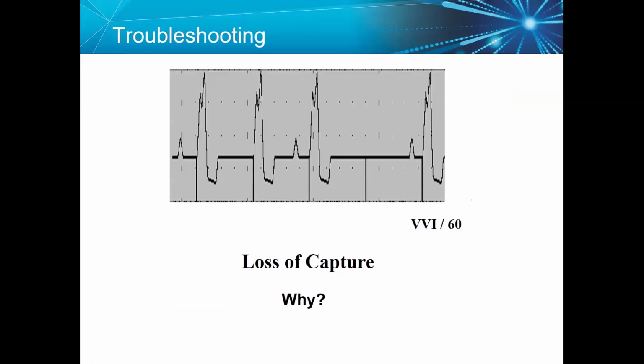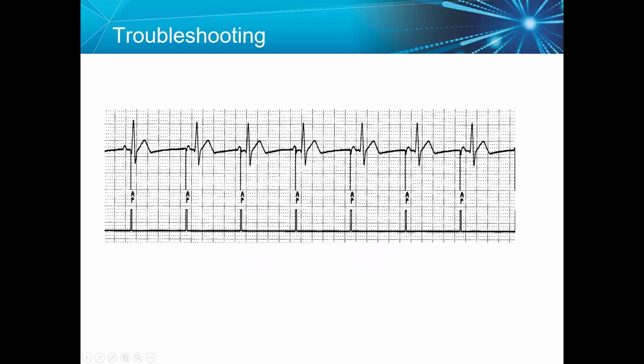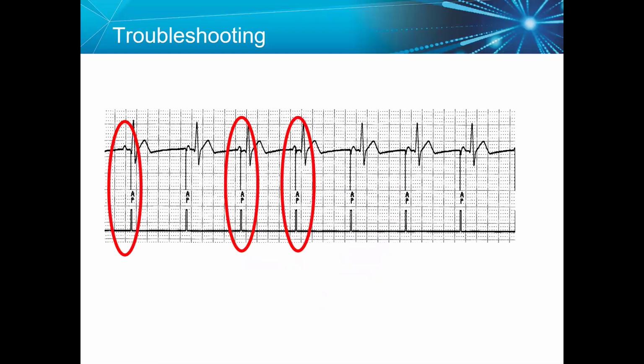And what we see here is an A sense, but there may be a VVI pacemaker: there is ventricular pacing, ventricular pacing, and a spike without a ventricular complex, without capture, loss of capture. Why loss of capture? There are a lot of possible reasons.